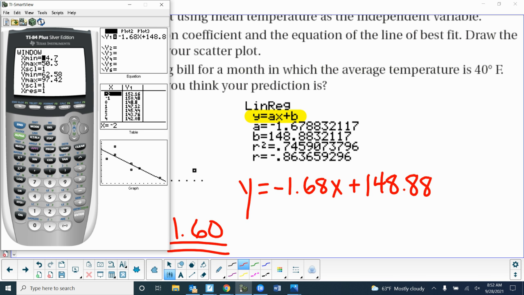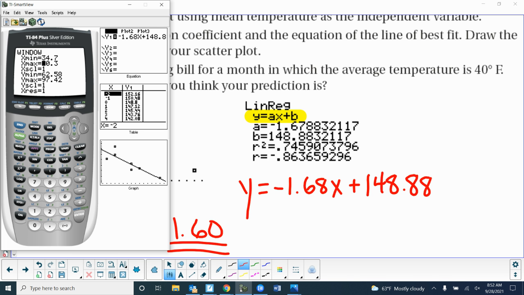Okay? So if we got a degree measure of more than 50.3 degrees for X, like I said, what's the average bill for a 55 degree month? It won't do it because the window's not big enough, what we have right now. But we can change that. You can always go to window. If it doesn't calculate it for you, you can just go and change it.